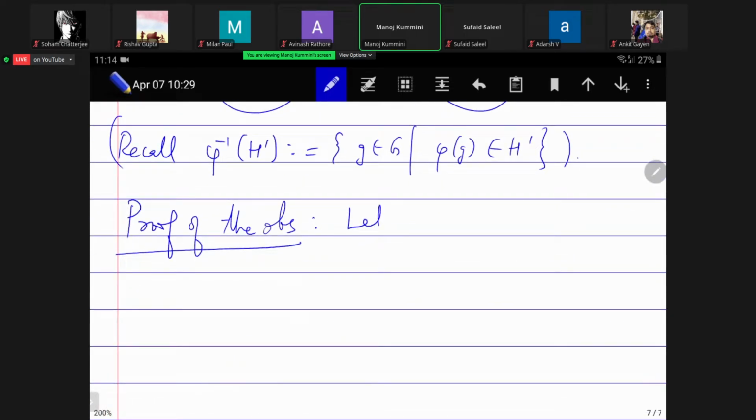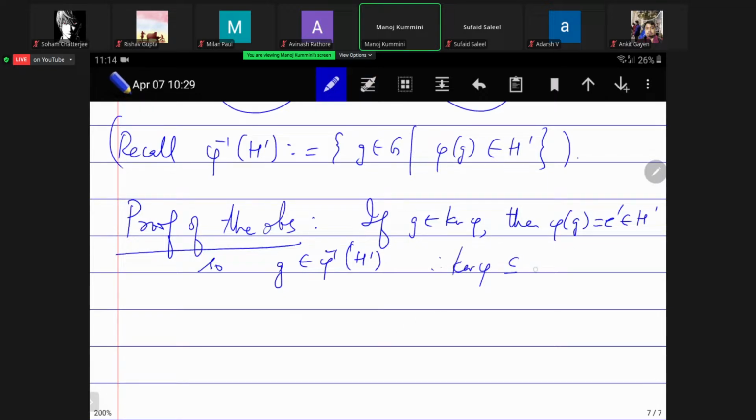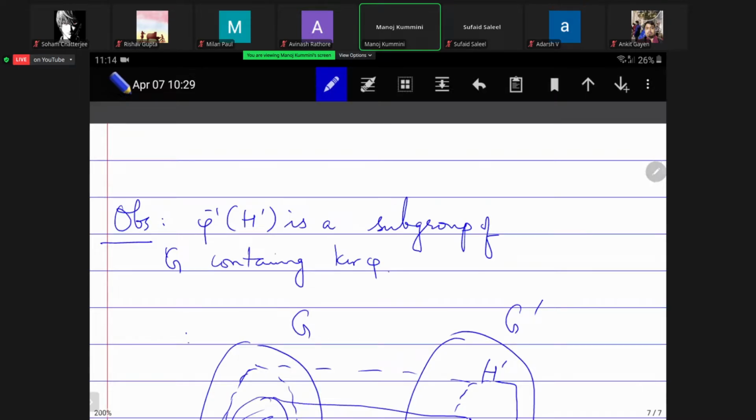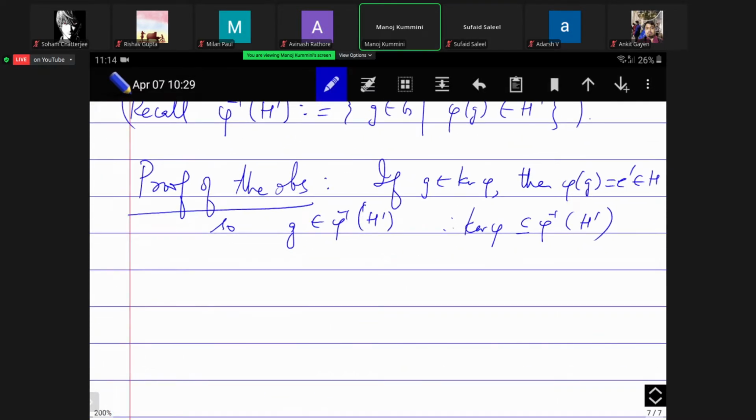First, we can check that if g is inside the kernel of phi, then phi of g is E prime, which is inside H prime, so g is inside phi inverse of H prime. Therefore, the kernel of phi is a subset of phi inverse of H prime. So whatever it is, it contains the kernel of phi. So we'll just check that it is a subgroup.